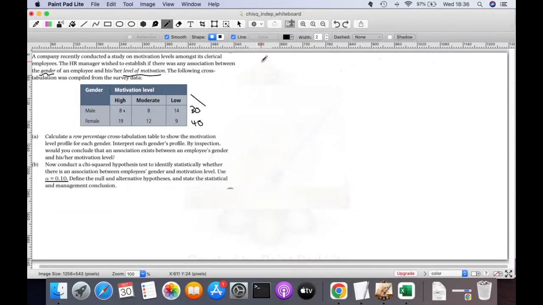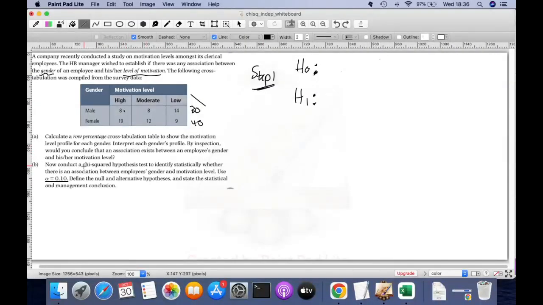So step 1 is to declare the null and alternative hypothesis. Now, for the chi-square test, I'll underline what they're asking to draw your attention to it.